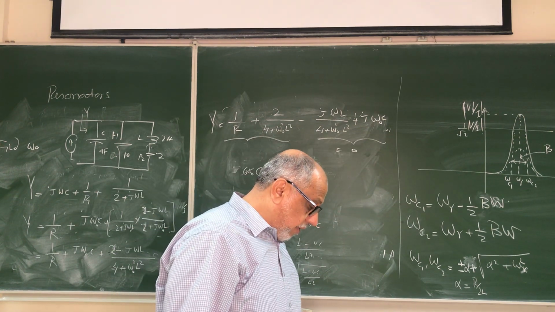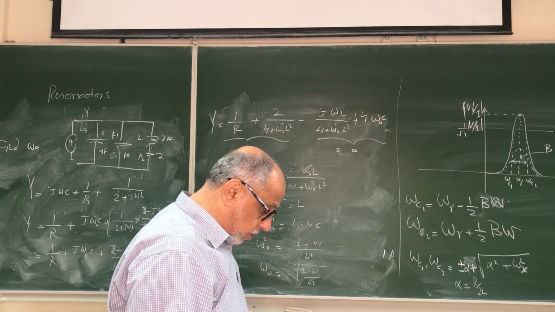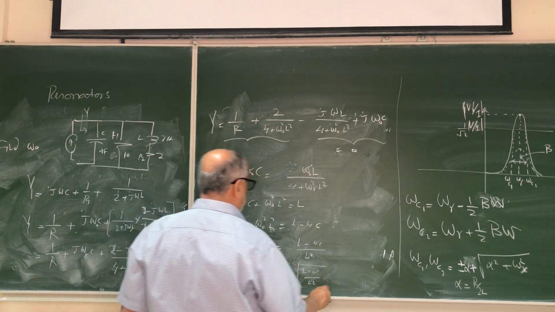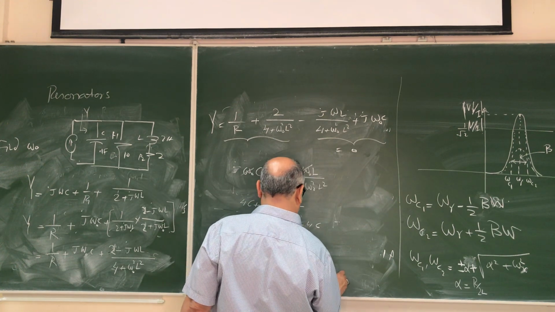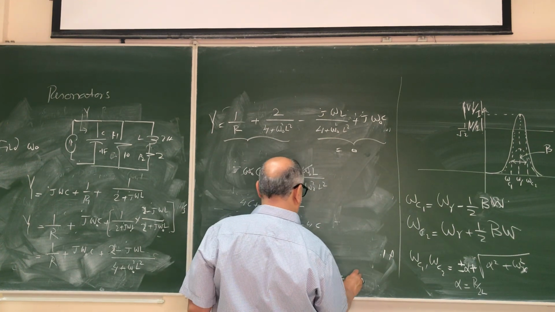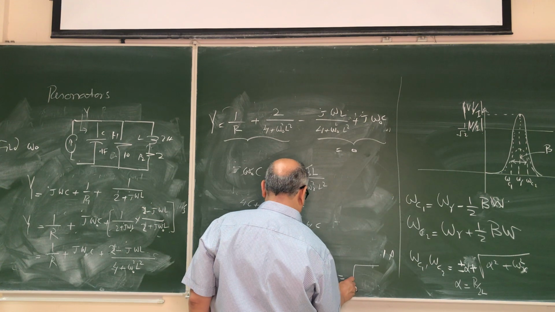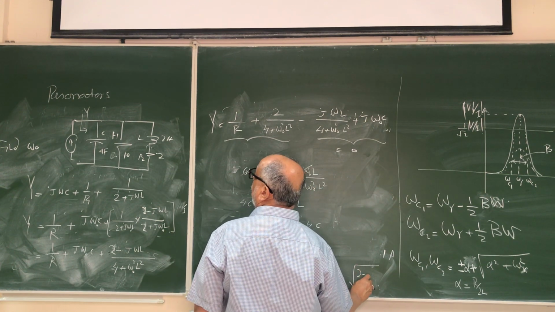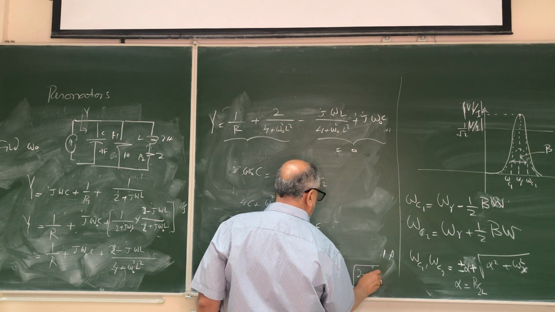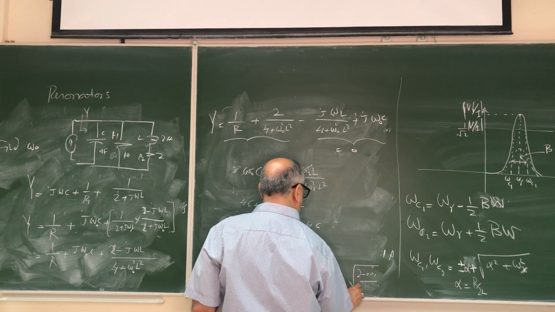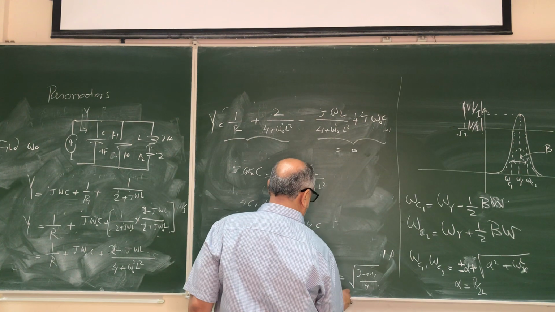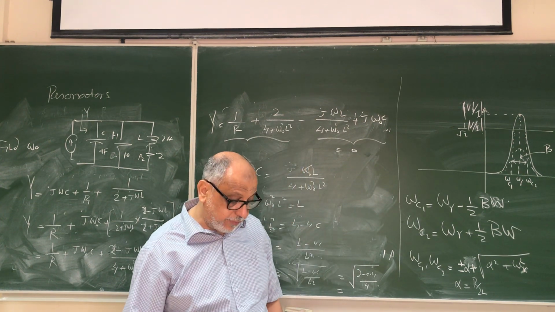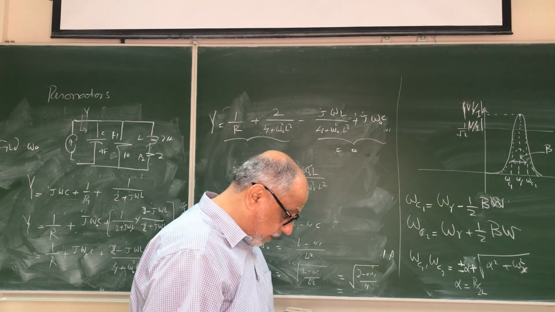Okay? So now if we substitute values, we can just plug numbers here. So this will be the square root of L, which is 2, minus 4 times 0.1, that is 0.4, divided by L squared, that is 4. So that will give me the resonance frequency here.